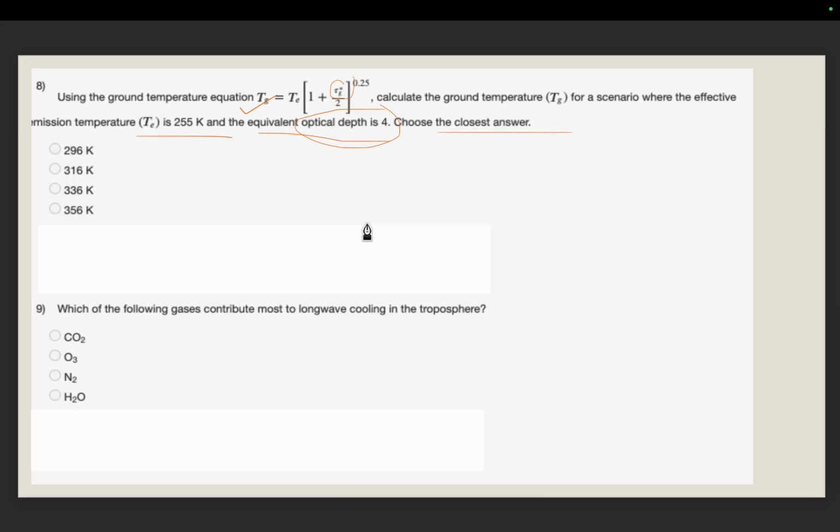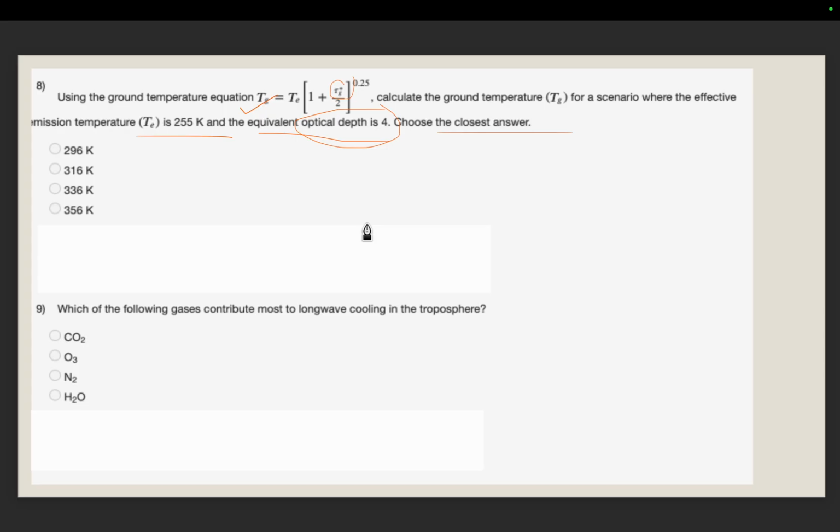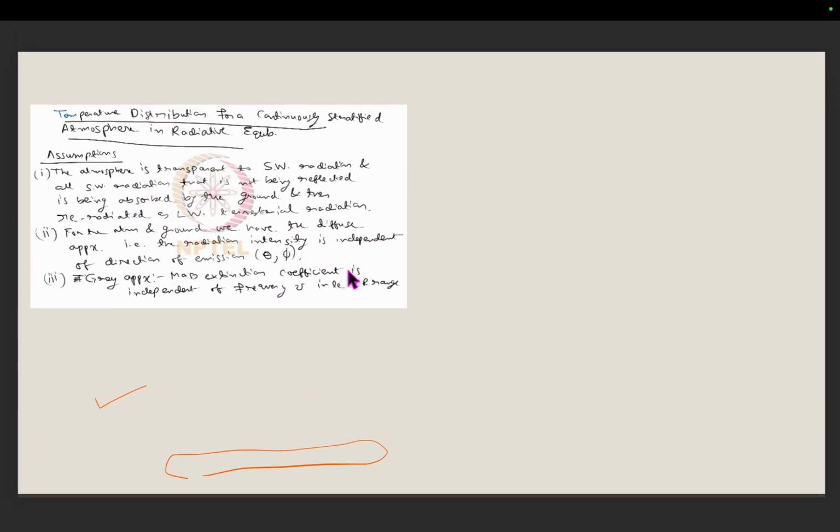Now the next question is, which of the following gases contributes most to the long wave cooling of the troposphere? Carbon dioxide, ozone, nitrogen, or H2O. We had seen the cooling lapse rate curve for different atmospheric gas species.